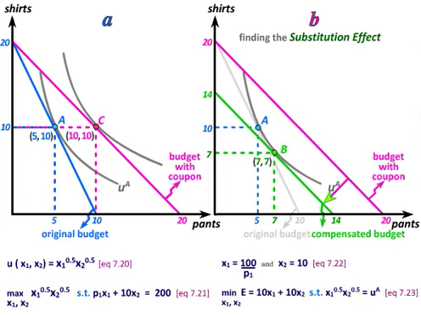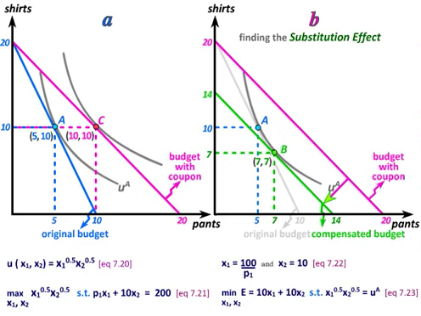So, we started with the utility function x1 to the half times x2 to the half. We set up the utility maximization problem as maximizing this utility subject to the budget constraint. Since we're going to end up changing the price of pants, P1, we'll just leave that in the budget constraint as P1x1 plus 10 times x2 equal to 200, where we put in the price of x2, the price of shirts, as 10.